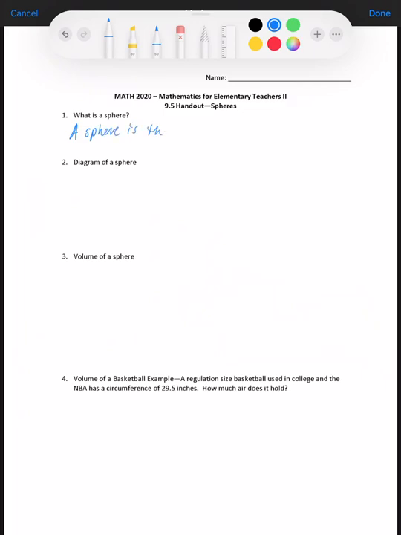is the set of all points equidistant, or the same distance, from a center point.